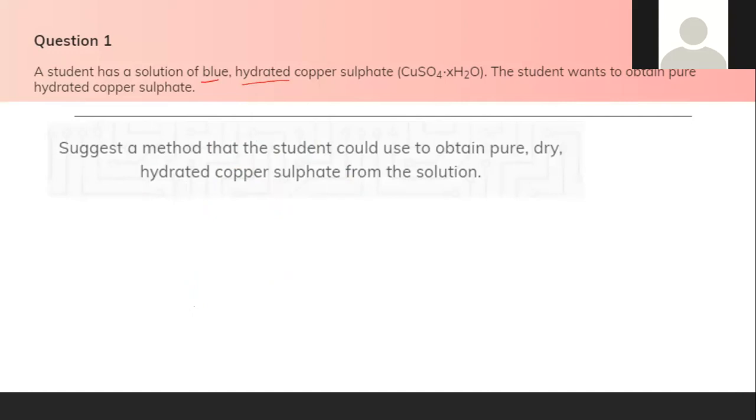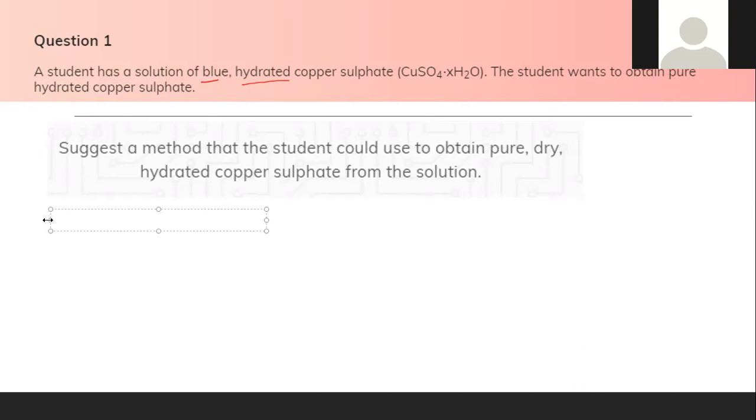Again, this is like the question from before where you're being asked to give a method, you're recalling basic methods from chemistry and from before. So it's not necessarily something that you have specifically learned as a specific practical, you need to know this method.